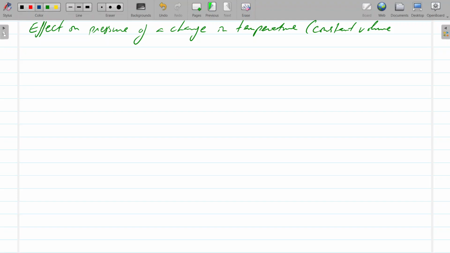So when we heat a gas, obviously temperature is going to rise, which is going to increase the average speed of the particles, the average kinetic energy of the particles.